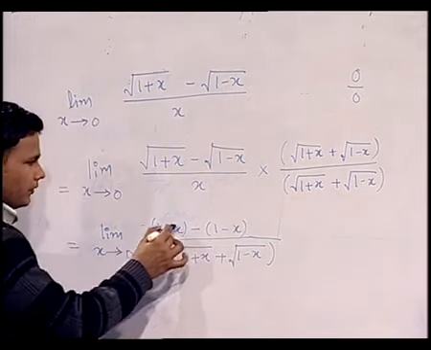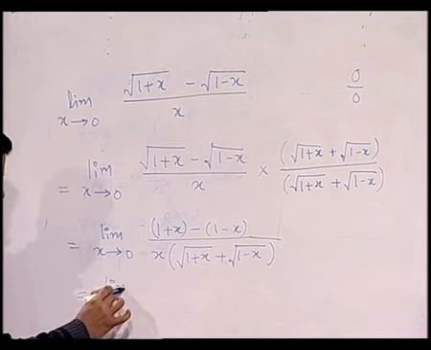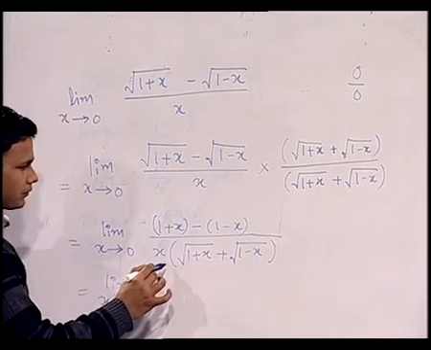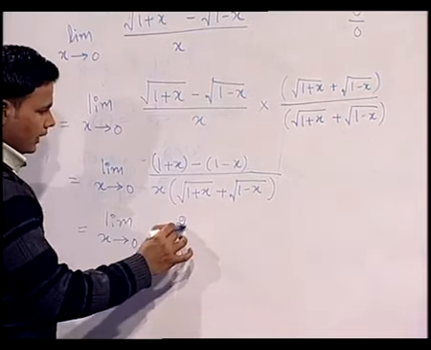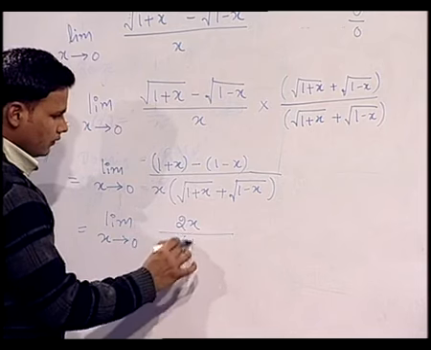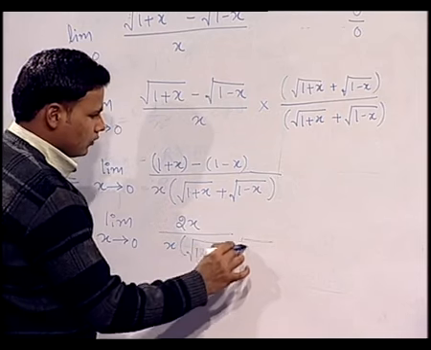Which finally reduces to limit x tends to 0, 2x upon x times (square root 1 plus x plus square root 1 minus x).